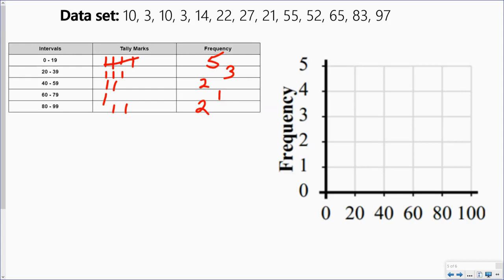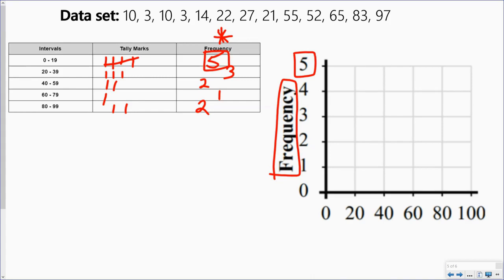I'm going to come over to where I'm going to create my histogram. So you notice on my y-axis, I have the frequency, and that's going to represent this amount right here. You notice that my top number is 5, or my greatest value in that list.